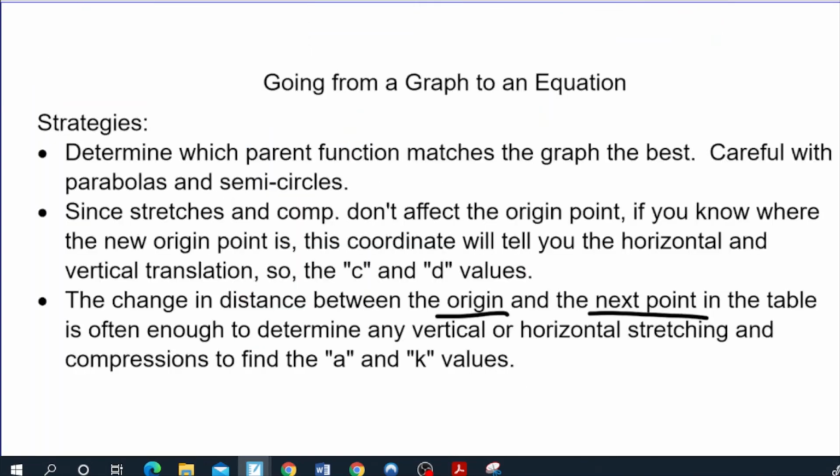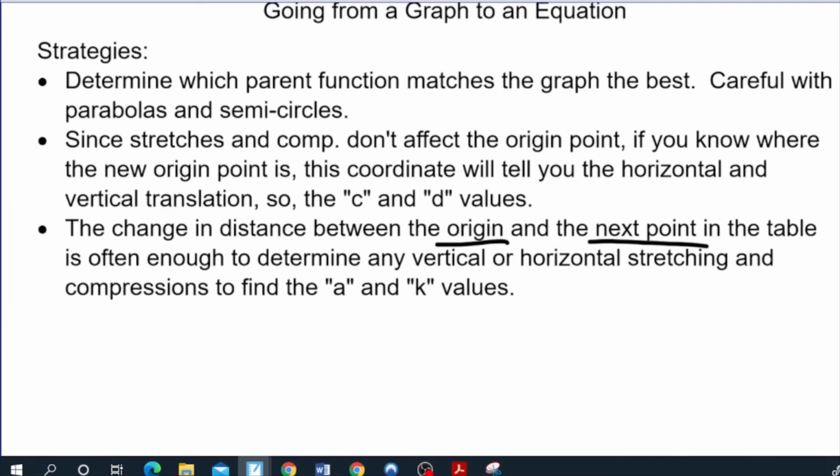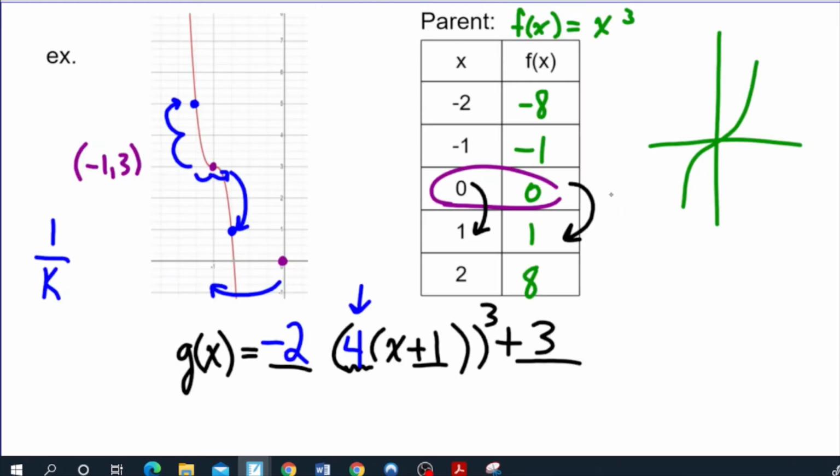So going back to that last bullet point here of using the origin and the next point in the table, I'm hoping that that's a little bit clearer. You're basically trying to look at how it changed from the origin point to the next point, goes up by 1 and over by 1.